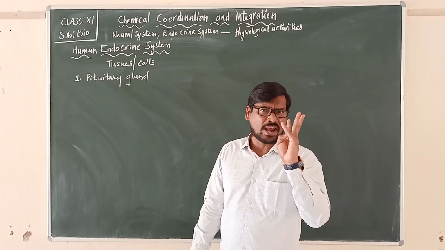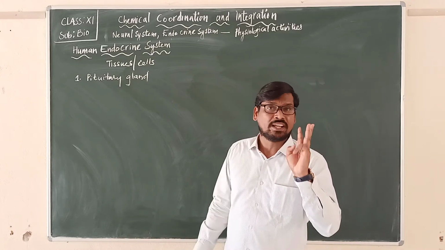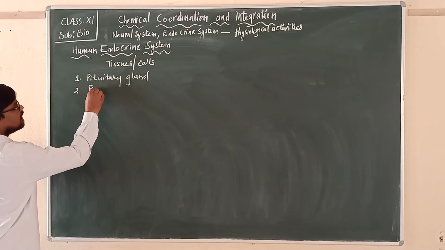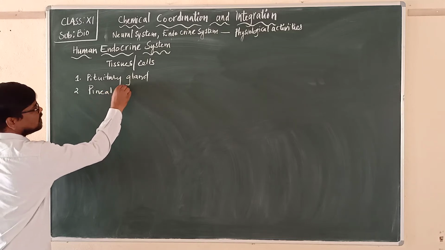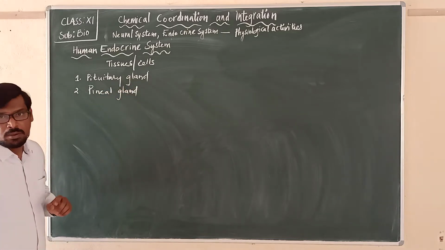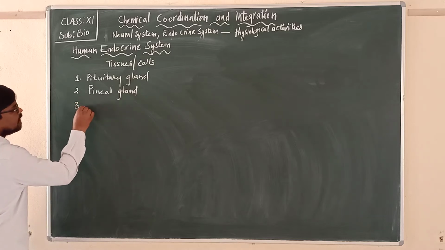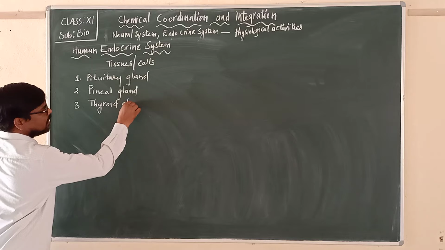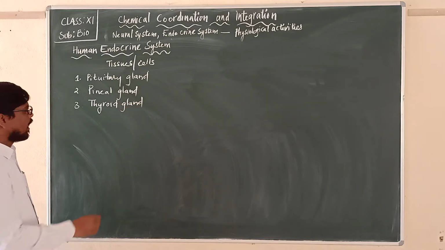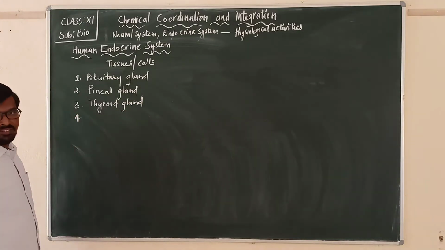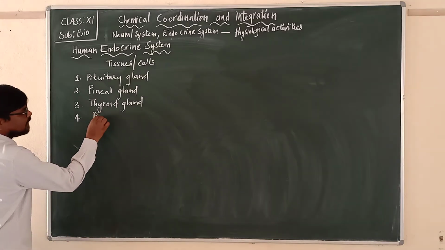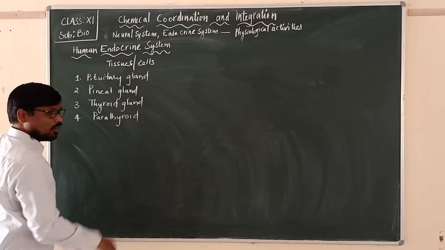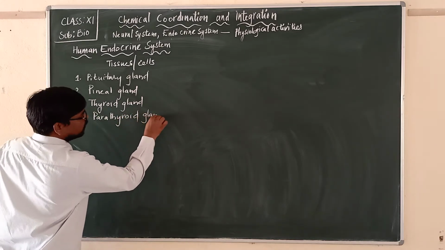So the first gland, a very important gland, is the pituitary gland, and the other one is the pineal gland. This is the second gland present in our body, followed by the third one, the thyroid gland. The next one after the thyroid gland is the parathyroid gland, the fourth gland.